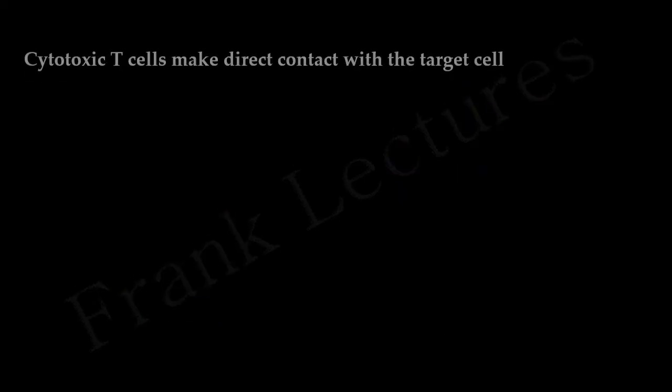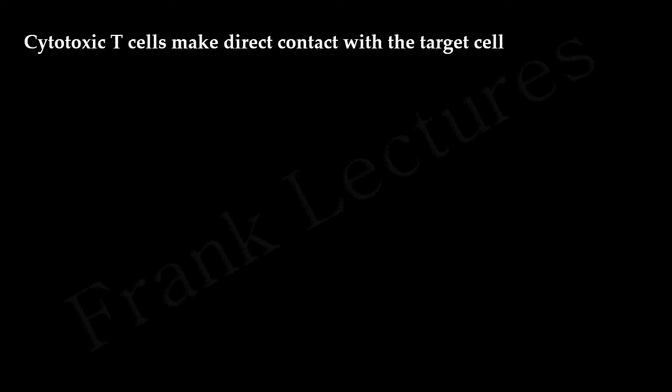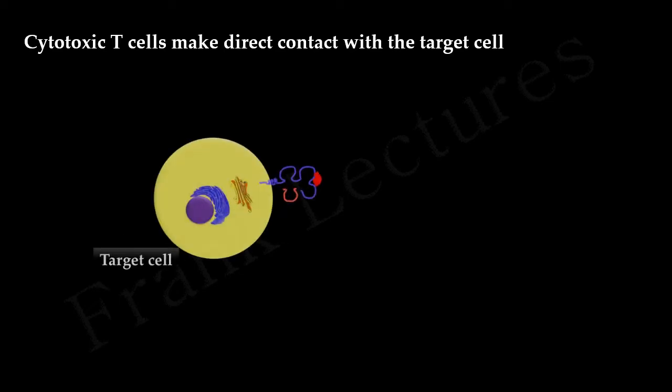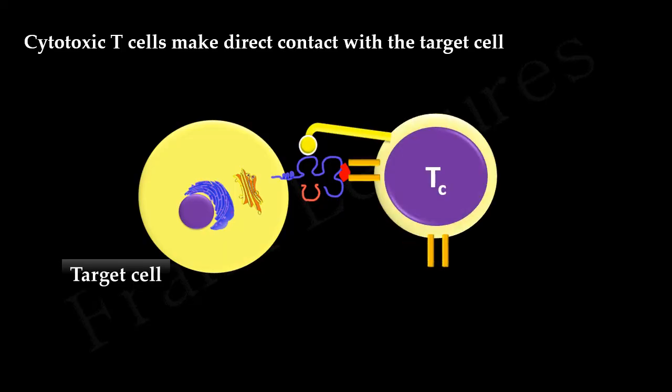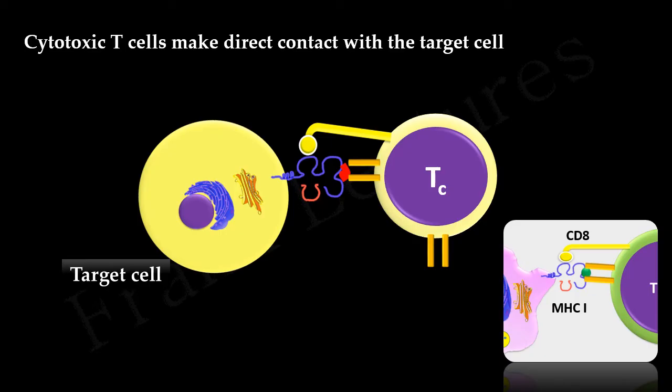To perform its killing function, cytotoxic T cells need to make a direct contact with the target cells. This direct contact is mediated by T cell receptor and coreceptor CD8. T cell receptor binds the antigen displayed by MHC1 molecule, and CD8 binds the MHC1 molecule.